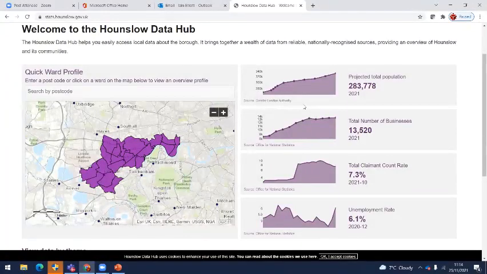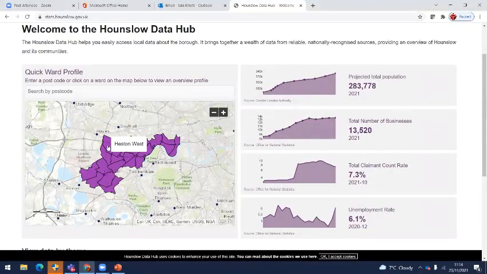For example, if you wanted to put in your need, housing population is projected to hit 283,778 by 2021, you could literally just put in brackets GLA, or brackets ONS, just to give an indication to the funder that the statistics you've got are from an official source, normally a government source.